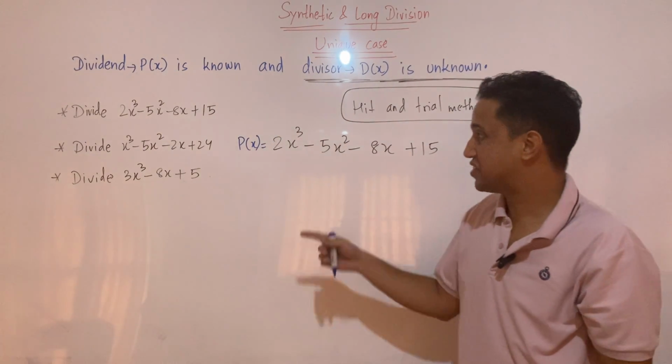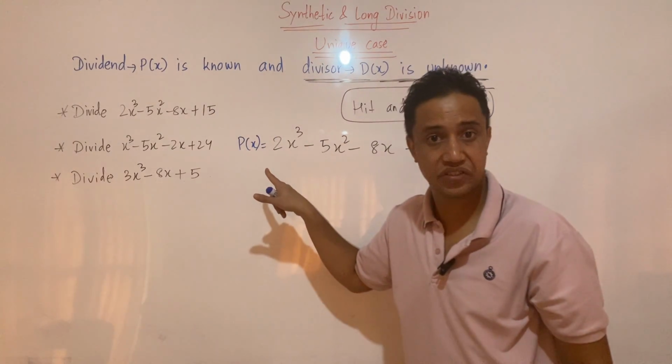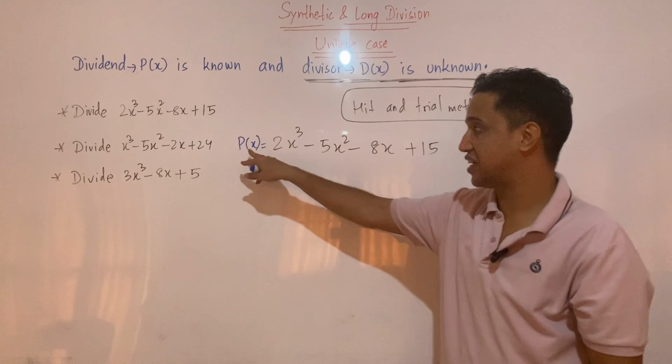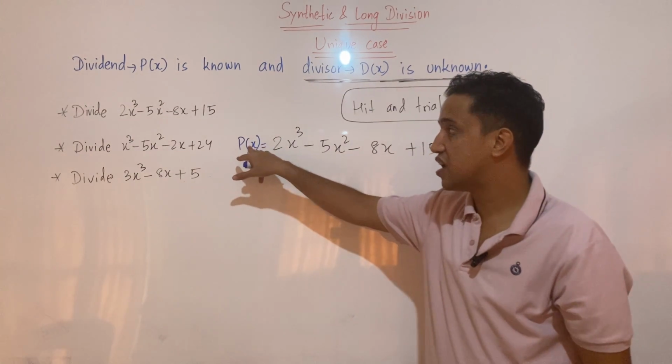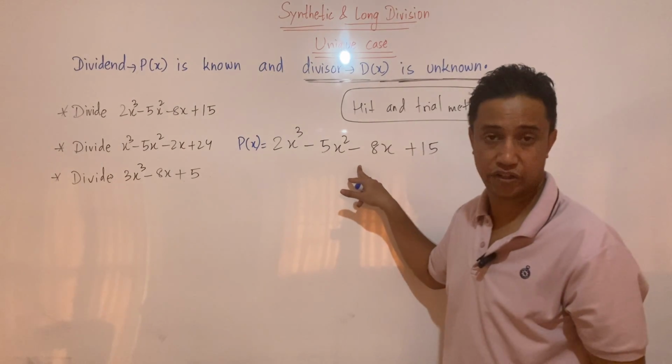My main target is to get the expression value as 0. Only then can I say that this is going to be a factor of this polynomial expression.